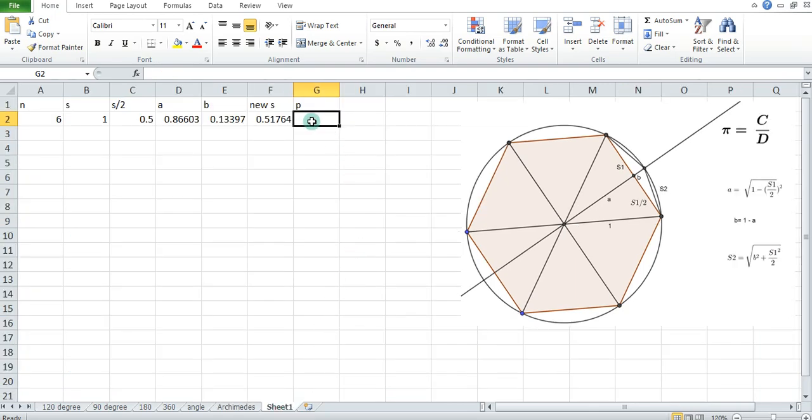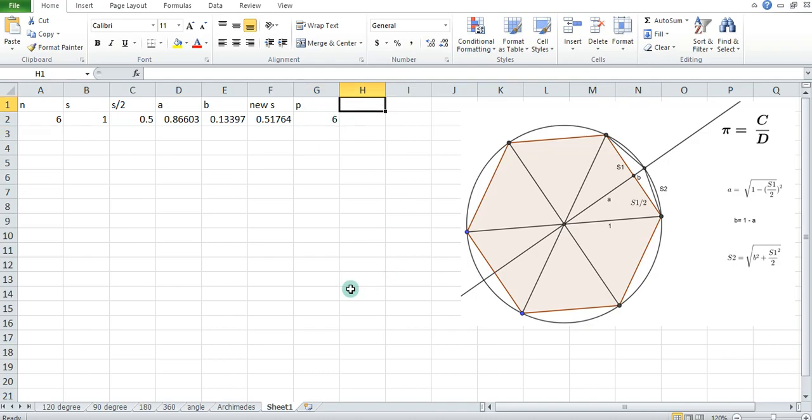The perimeter is equal how many sides in that polygon, and we have to multiply it by the length of one side. Here we took one side of that polygon's length is 1 unit, so it is 6.